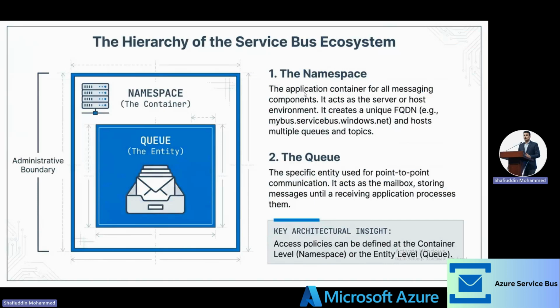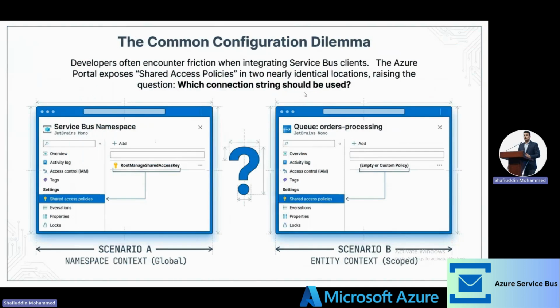So this is the one container. Now here we'll get one question. You don't need to create a connection string separately for the namespace; by default Microsoft automatically creates it. So what is the difference?